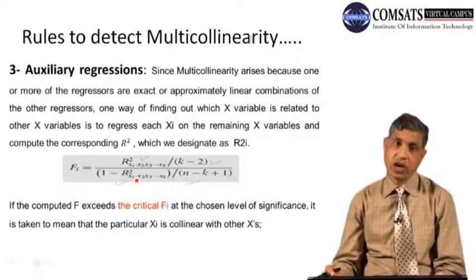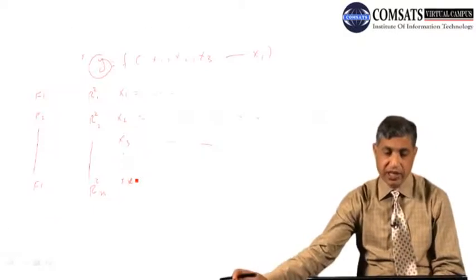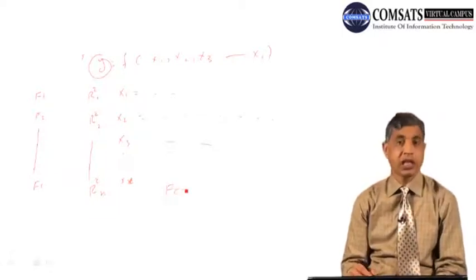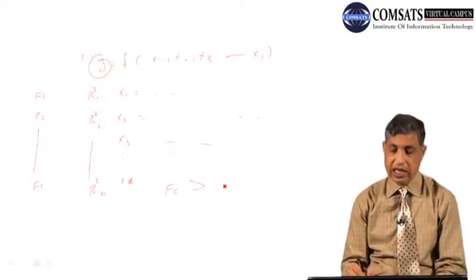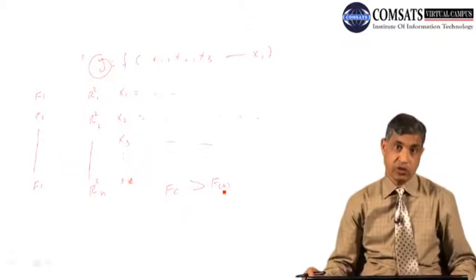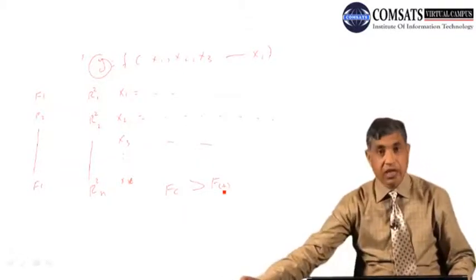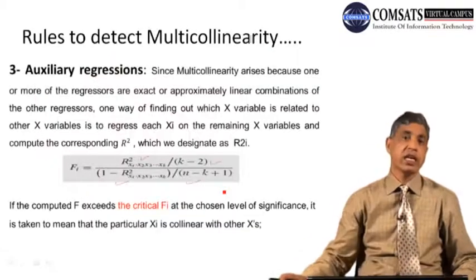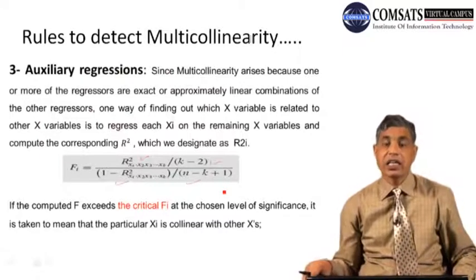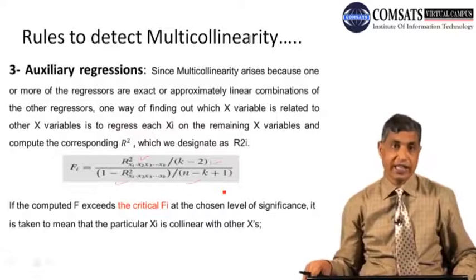So now, as you calculate the f, if you see that your calculated value of f is greater than the f tabulated, it means there is multicollinearity in your data. Why do we reject? Our null hypothesis was that there is no multicollinearity in the data.